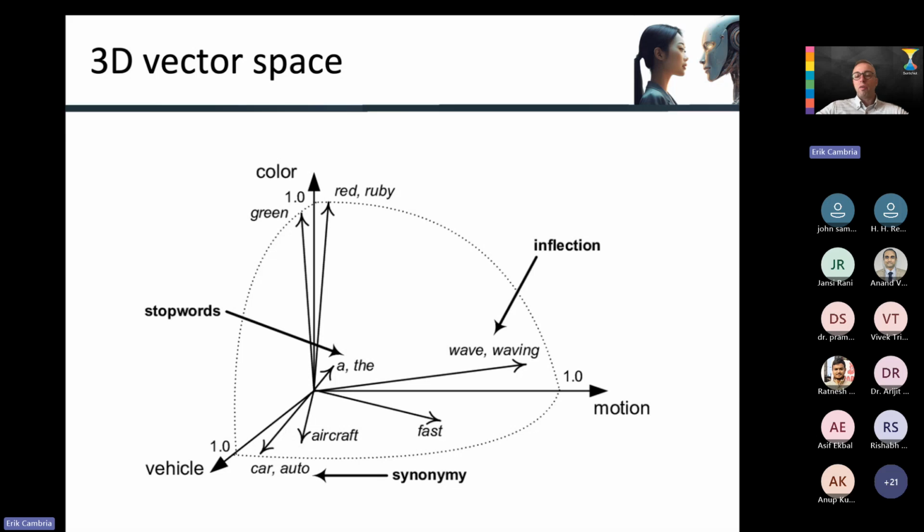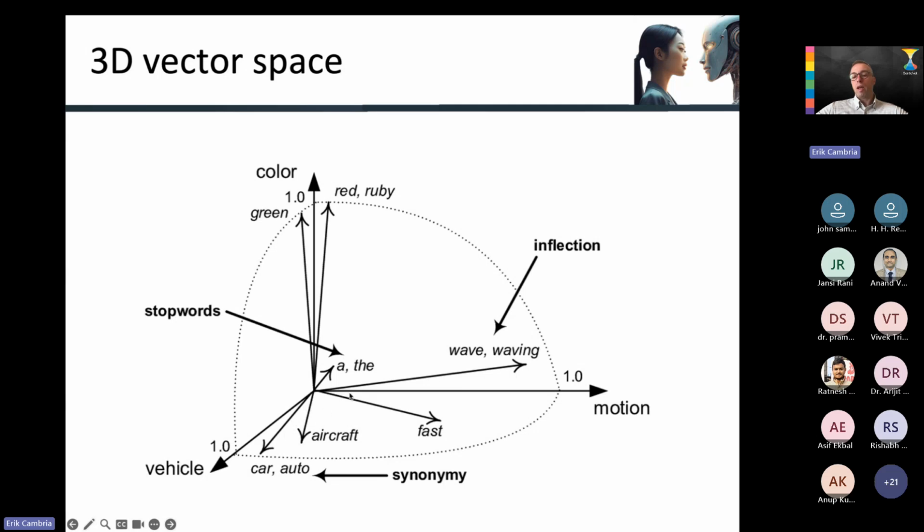So here you have another example of a few documents that I represent in a 3D vector space. 3D means what? That I'm only using 3 words to represent these documents: color, vehicle, and motion. And then depending on the words and the number of times that each of these words is mentioned in the document, I will have different arrows.